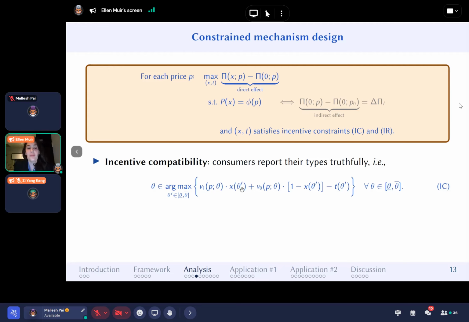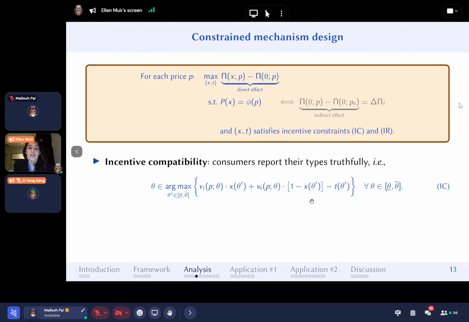So X ends up being the weight that we put on the continuation payoff V1 in this payoff function for the agents. And then V0 is the continuation payoff if the agent isn't allocated the good in the primary market or the designed market. And that probability is just given by 1 minus the allocation rule. And then here we're just subtracting off the payment that the agent is making to the designer.